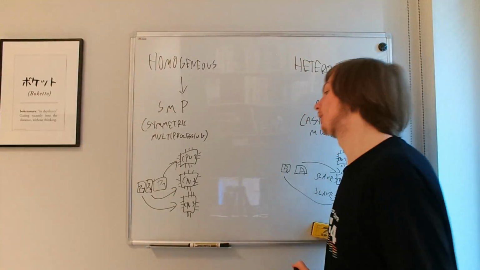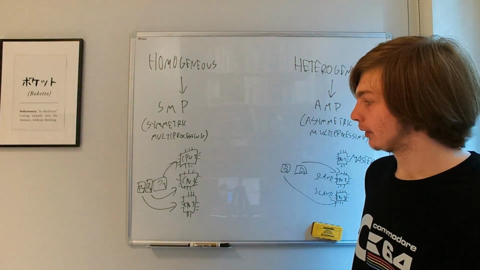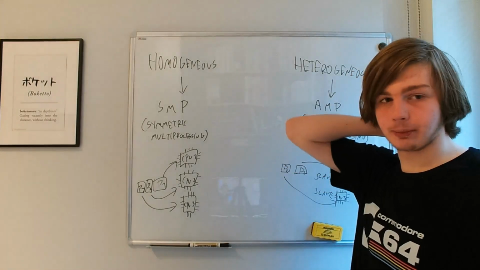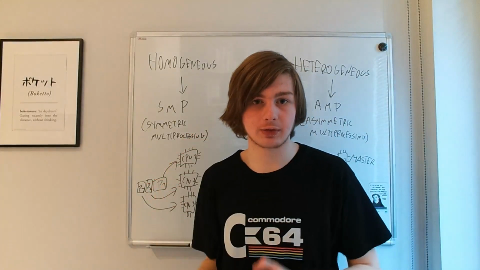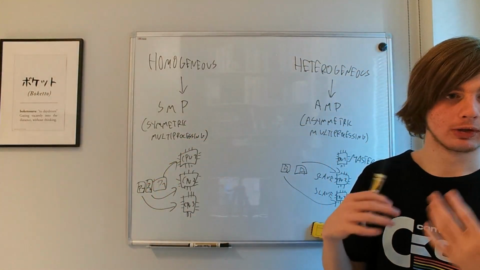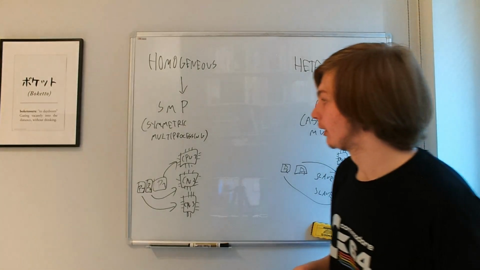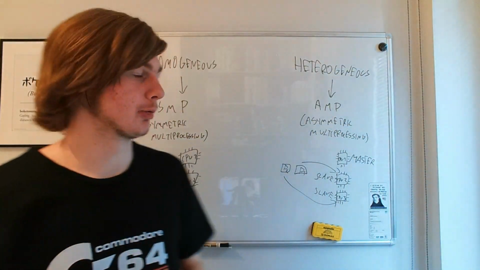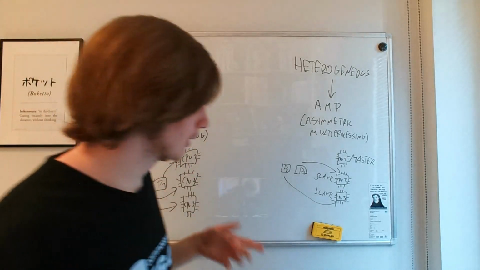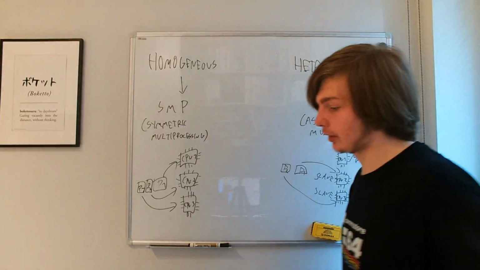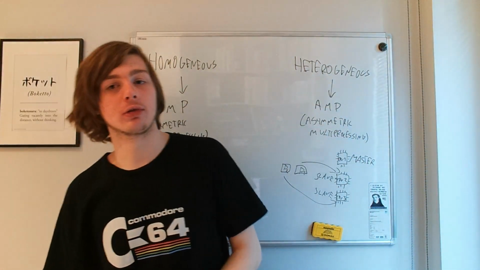Whereas in SMP, you need to make sure that the CPUs are all independent. They know of all the process states, so that two CPUs won't try running the same code, and similar things. So that's SMP and AMP.